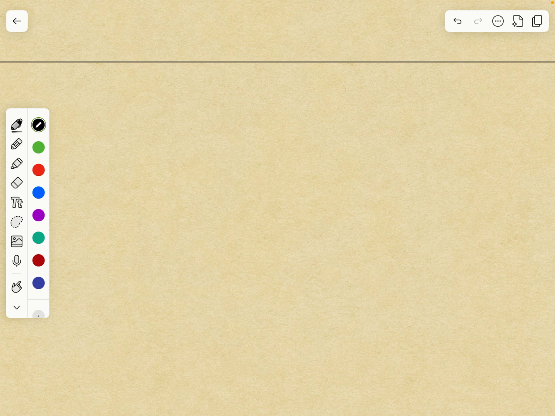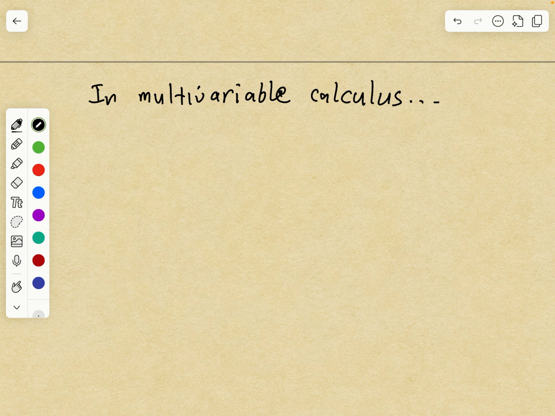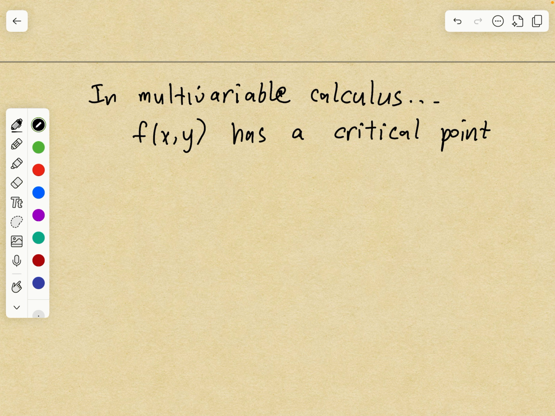Well, in that case, suppose that you have a function of, say, two variables. Multivariable calculus. We would say f of x, y has a critical point at the point a comma b if, instead of just the derivative being 0, now you have two partial derivatives, right?